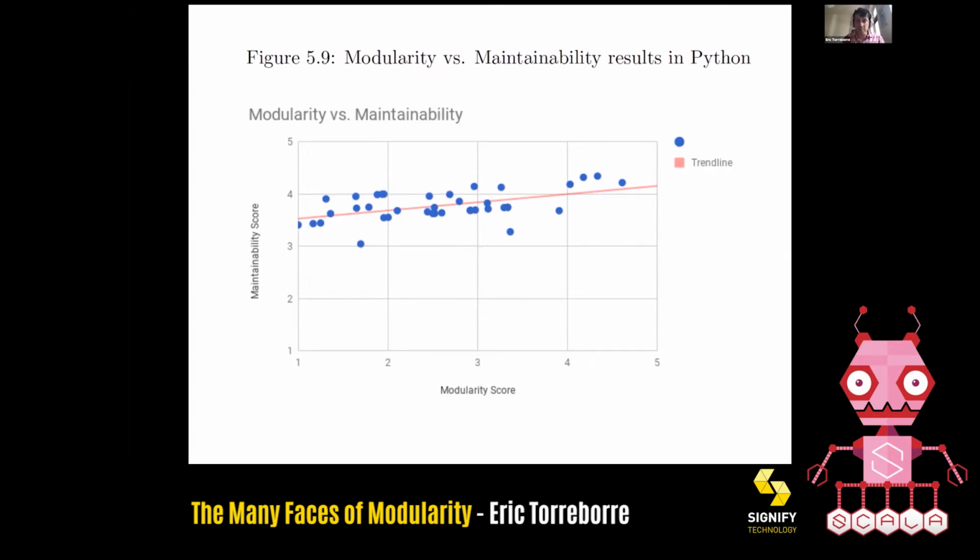The people doing the study said, maybe modularity is not the only thing that brings good maintainability. They made a hypothesis, which again needs to be proven, that maybe Java is not a very expressive language, and expressivity is also a very important factor in maintainability. Well, okay, now we have two factors we can consider, expressivity, but for sure, modularity is certainly an important factor in having maintainable and quality software.